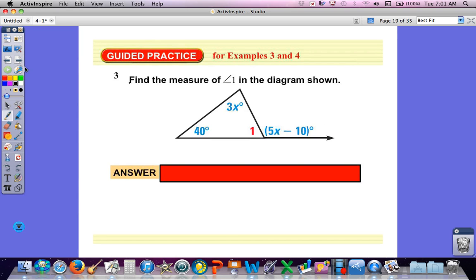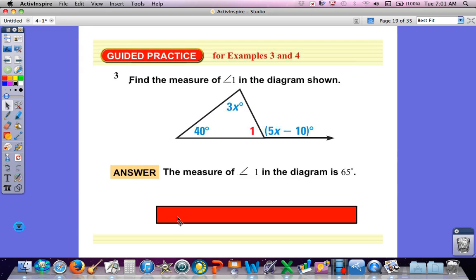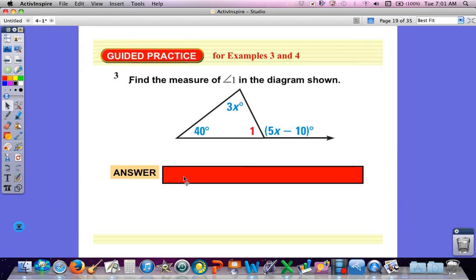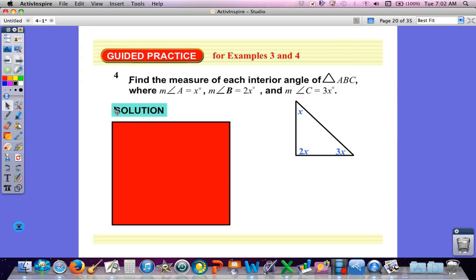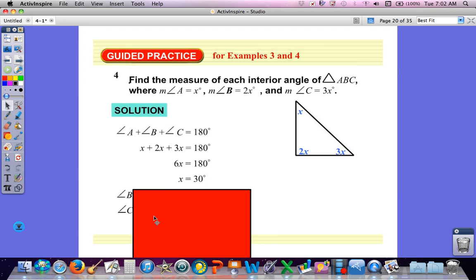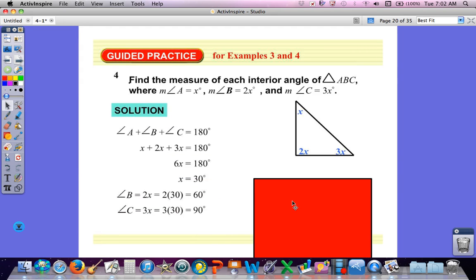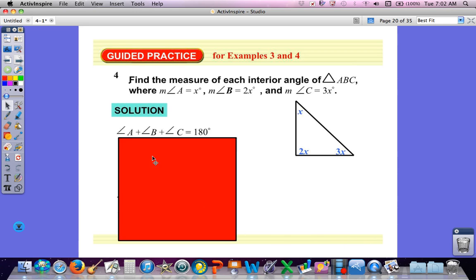Okay, so guided practice number 3, we're going to do this in class, so you don't need to watch a video on this right now. If you miss class, you want to get the notes from somebody. Number 4, we're going to do this in class. If you miss this, there's the solution for you, but you don't need to copy this down right now.